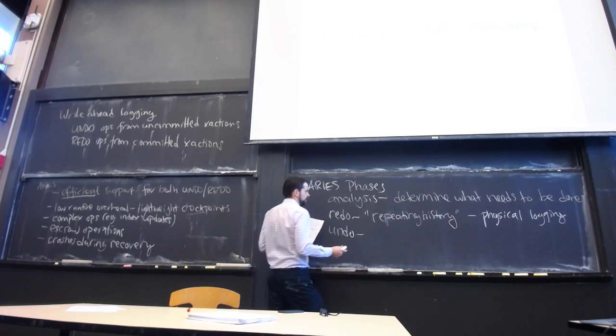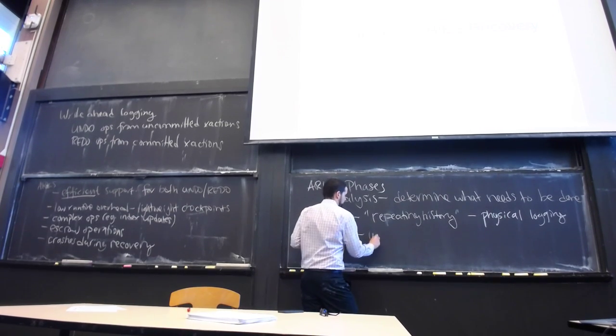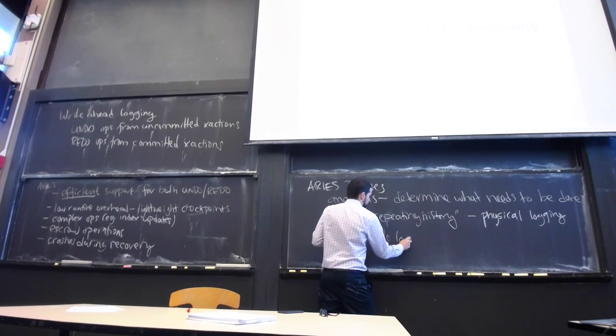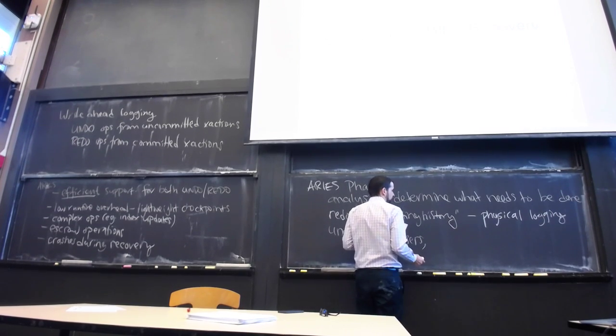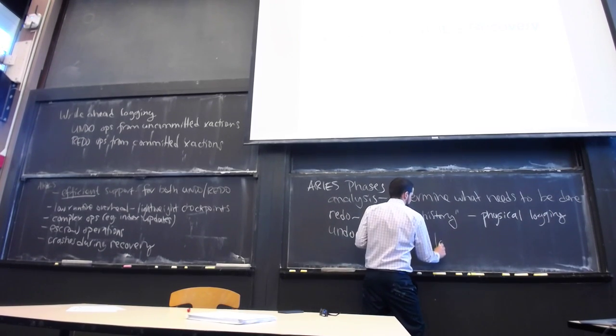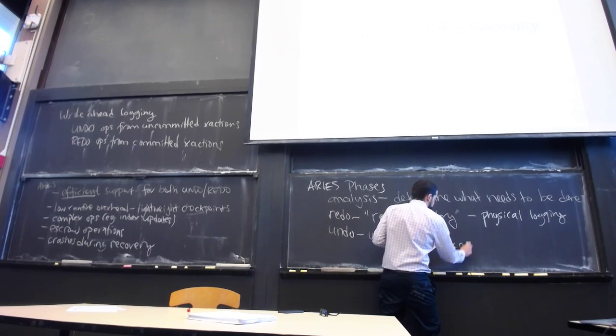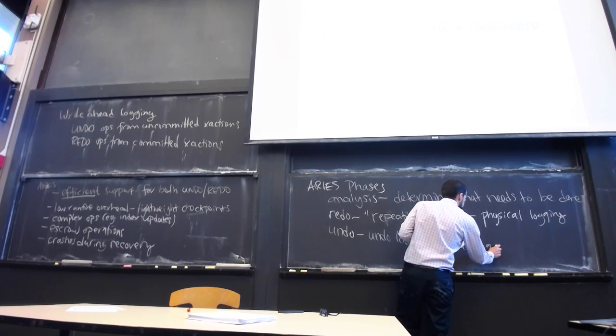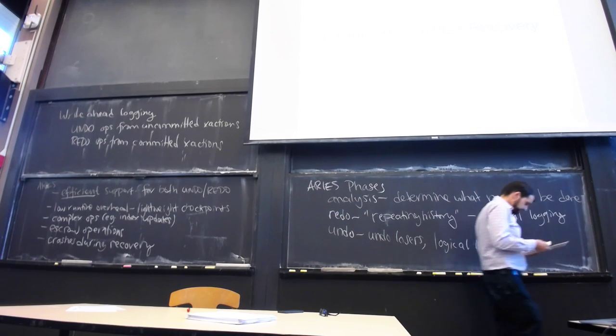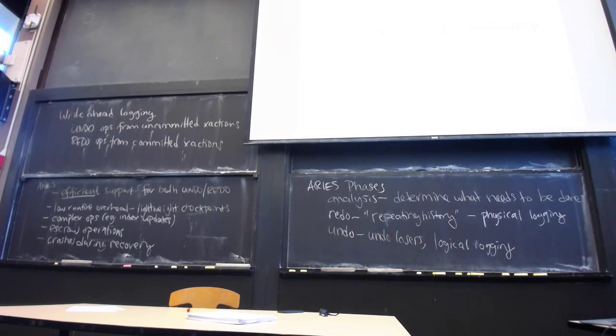And for undo, they undo the losers, and they prescribe that you have to do logical undo, so logical logging. So these records have both redo and undo information in them.